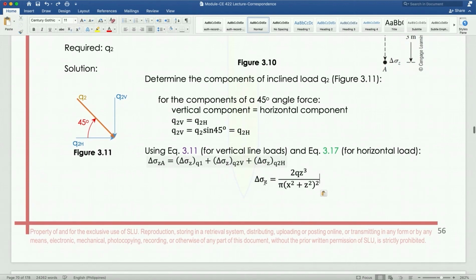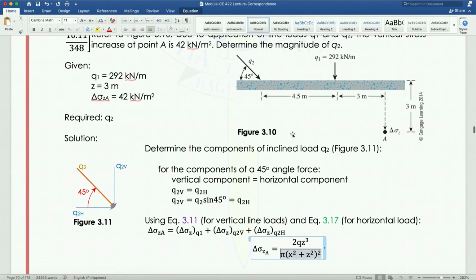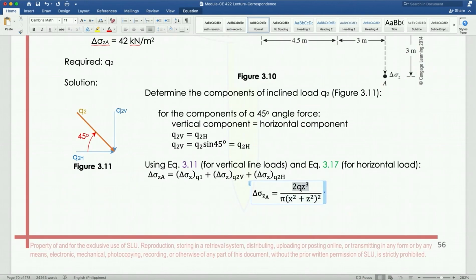Delta sigma z at A is equivalent to this vertical one for Q1, plus we have Q2 instead of Q1, for Q2 vertical.